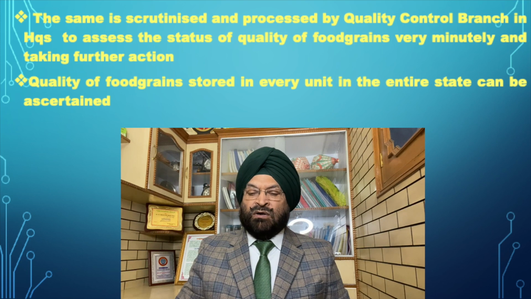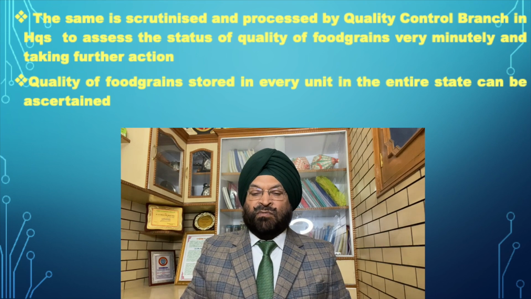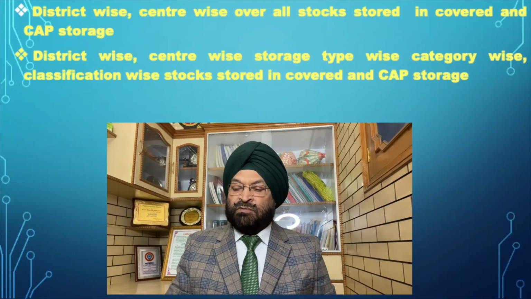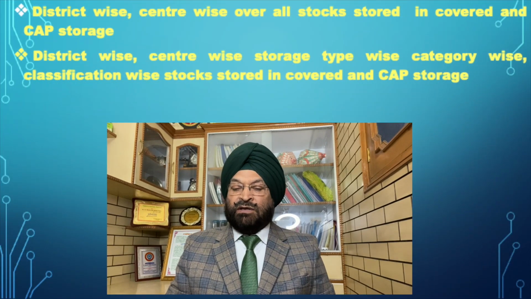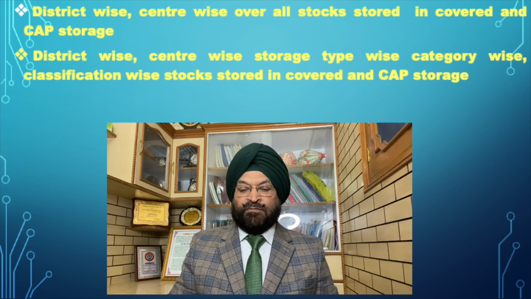So the quality of the food grains stored in every unit in the entire state or the entire jurisdiction can be ascertained through this software. What is the status district wise, center wise, overall stock stored in cupboard and cap? What is the status of the quality? District wise, center wise, storage type wise, category wise, classification wise, stock stored in cupboard and cap storage is ascertained.